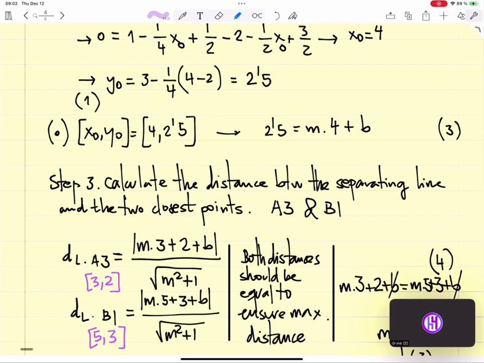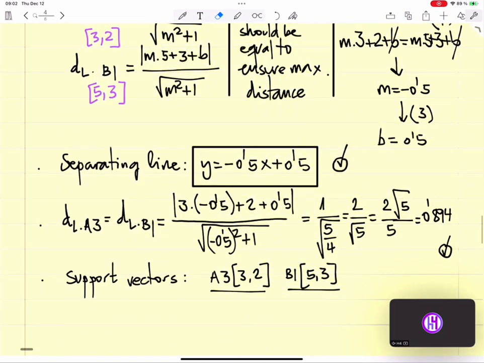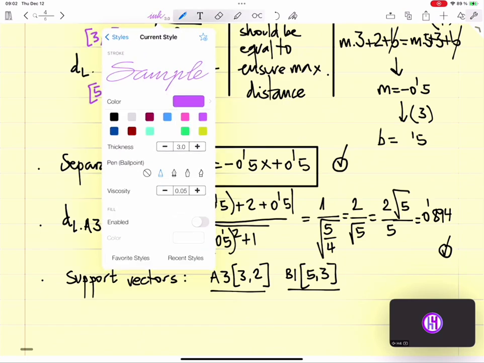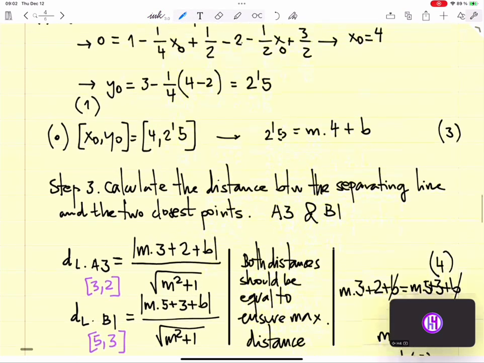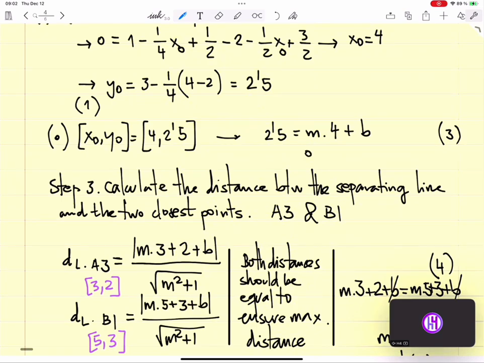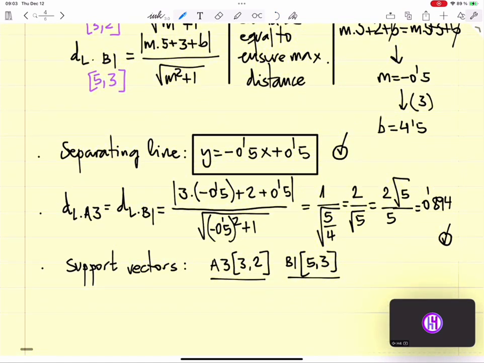Actually, I'm thinking that B should not be 0.5 but 4.5. Because if m is minus 0.5, this is 2 plus 2.5 is 4.5. So this is not correct. This is 4.5.